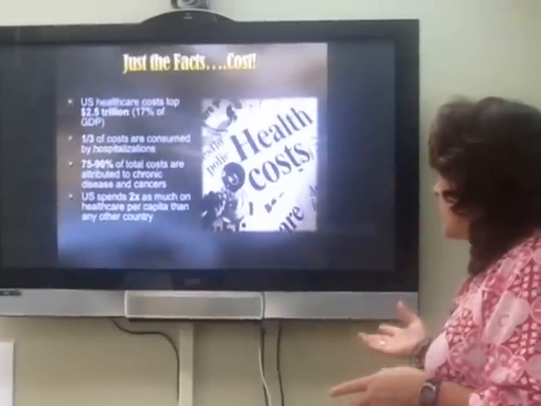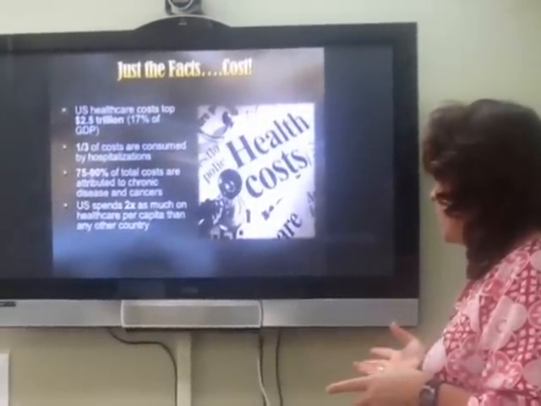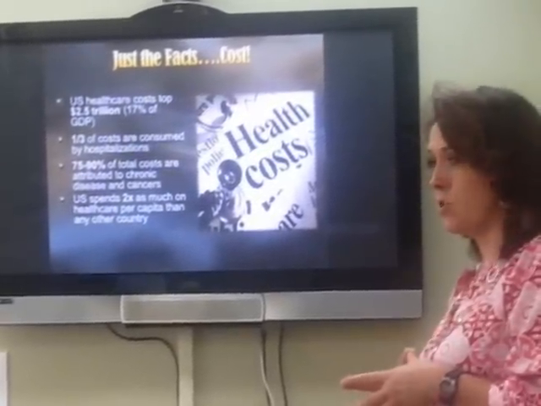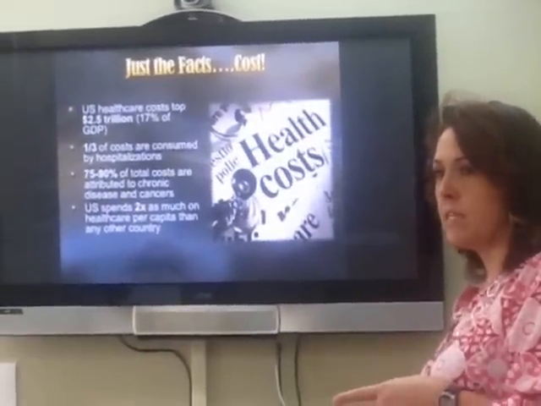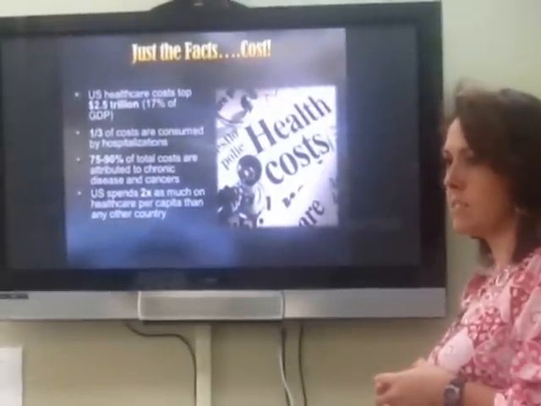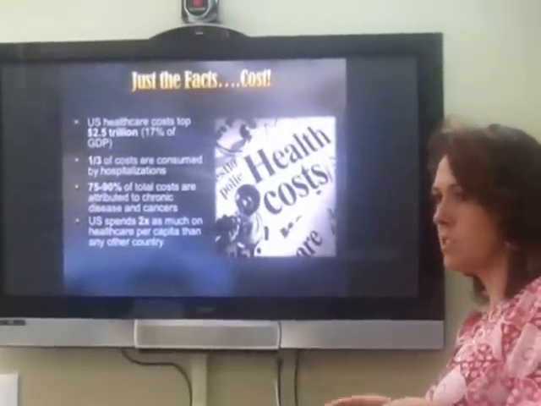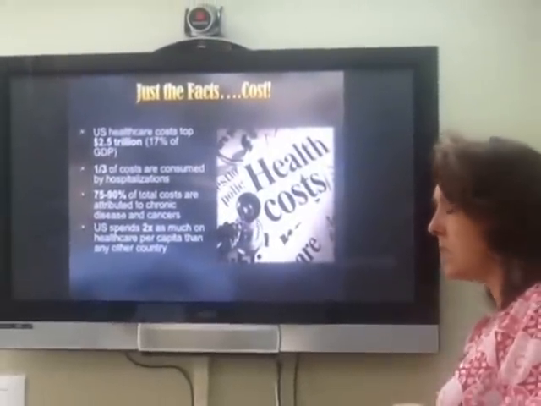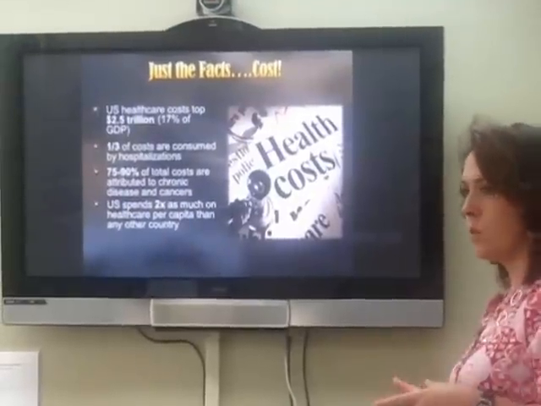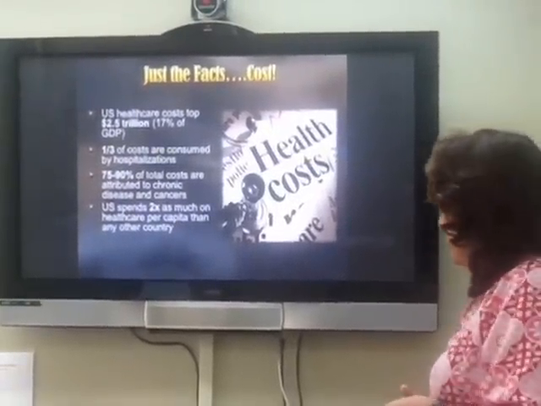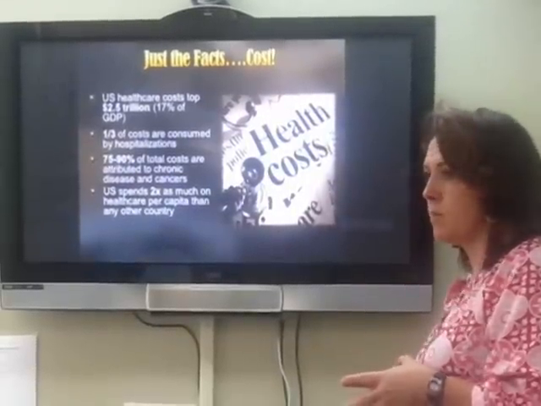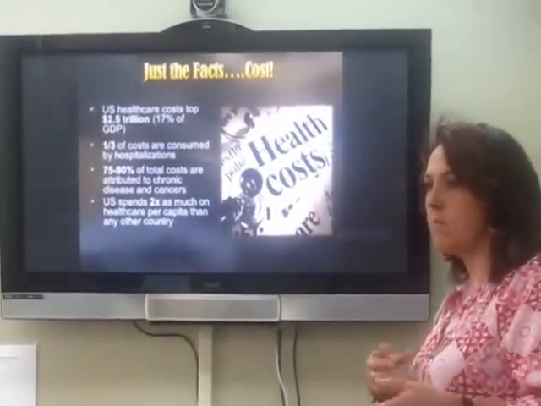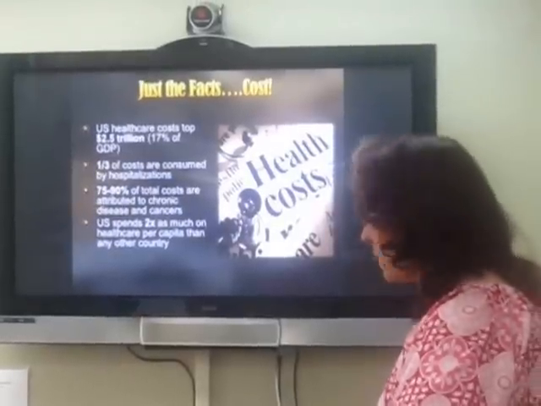The U.S. also spends twice as much on healthcare per capita than any other country. We also have some of the lowest infant mortality rates, some of the worst statistics of the developed countries, and yet we're spending twice as much money. So we're trying to figure out what we're doing wrong, especially with the chronic diseases and the cancers, and trying to help people manage those illnesses and not end up back in the hospital over and over again.